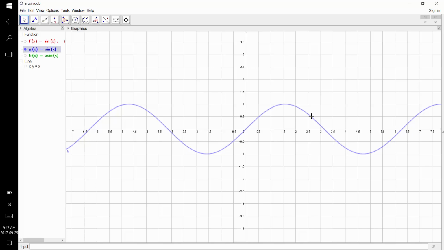So what values do we want to keep? Well, we certainly want to keep the values starting at 0 and going up to pi over 2, because that's the first quadrant. Those are the angles everybody knows, right? Everybody knows the values for 0, pi over 6, pi over 4, pi over 3, pi over 2, right? If you know any part of the unit circle, you know the first quadrant. So we want to keep those.